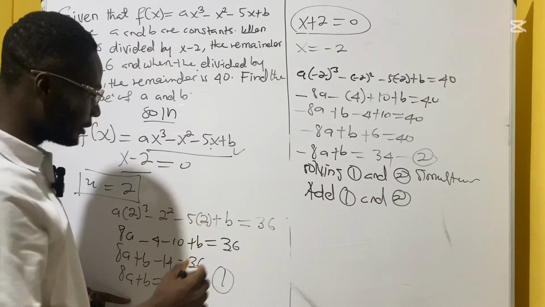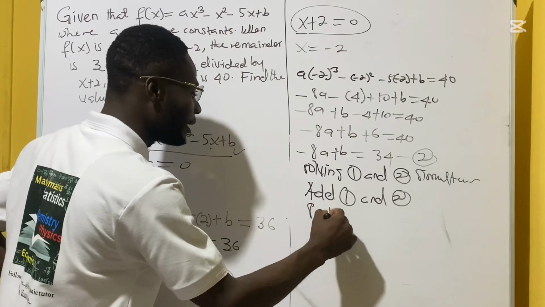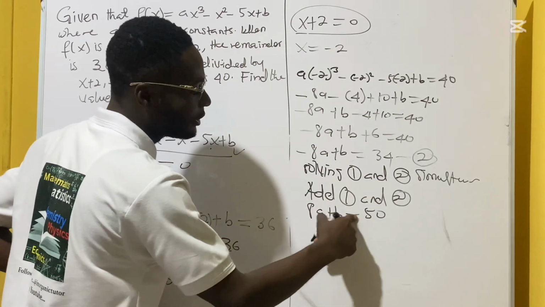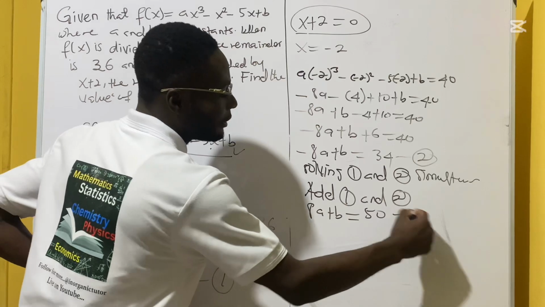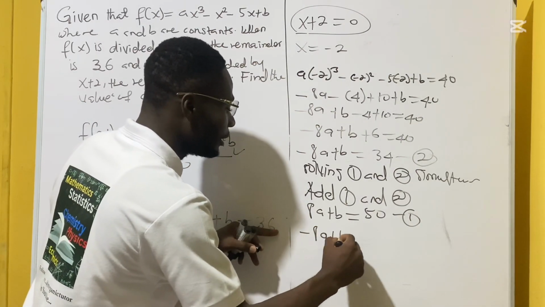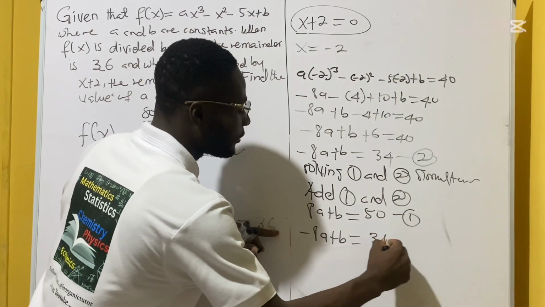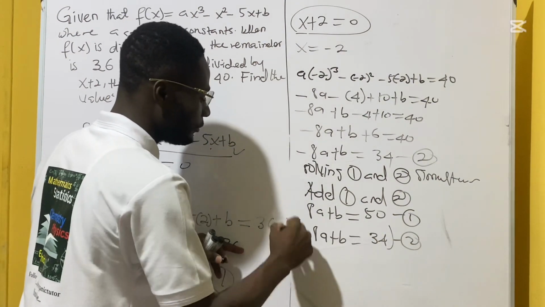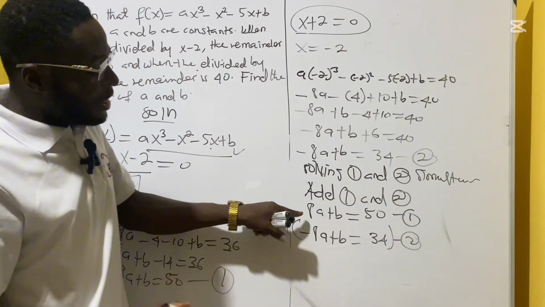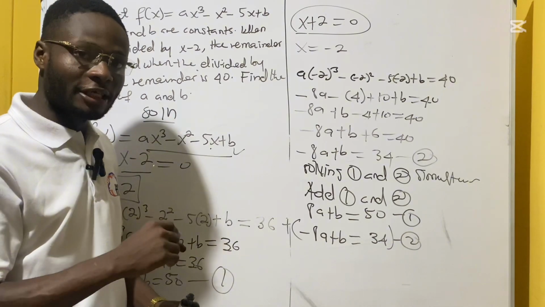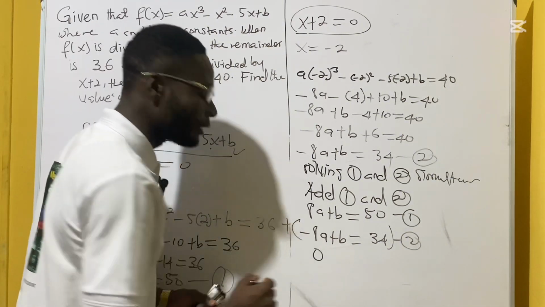When we do that, we have 8a plus b equals 50, which is our equation 1. Then we add it to equation 2, negative 8a plus b equals 34. So 8a plus negative 8a becomes 0, and that part goes off.